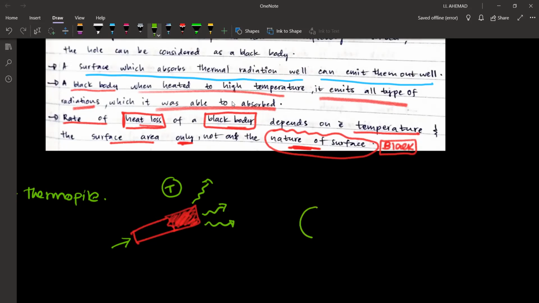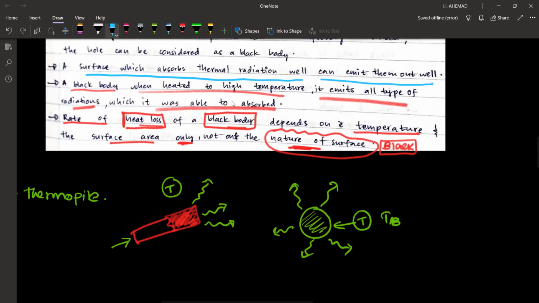Similarly, if we have a black body and we heat this to a specific temperature, then it will release radiation and give out visible light. For another temperature, let's say TB, it will give another visible color.